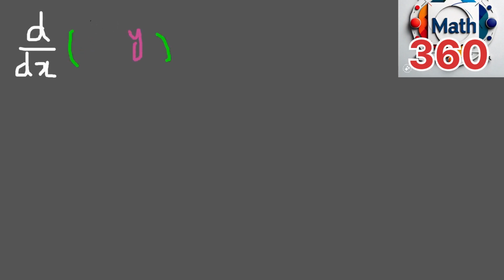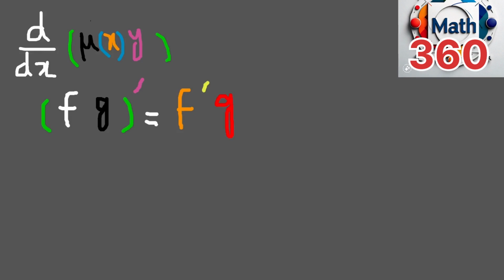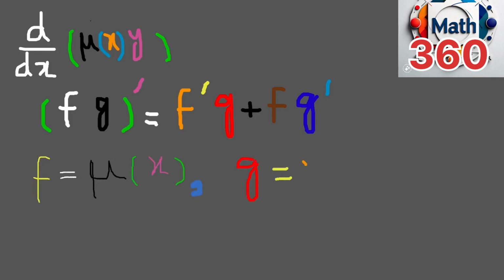This transformation is made possible because the product rule for differentiation states that the derivative of the product of two functions f and g is equal to the derivative of f times g plus f times the derivative of g, where f and g are functions of x. In our case, f is equal to mu of x and g equals y.